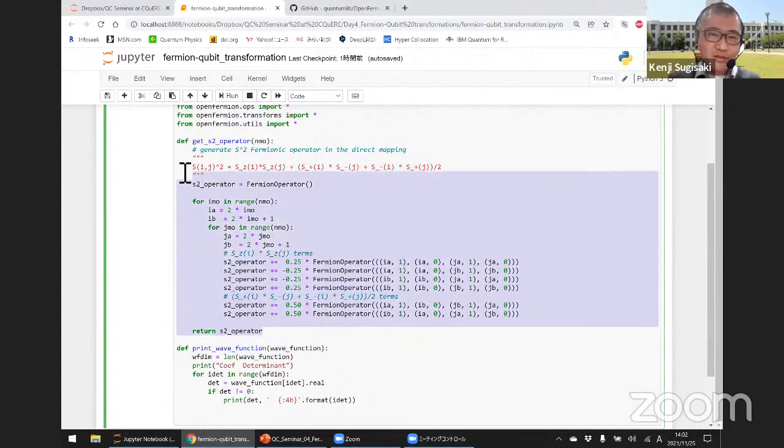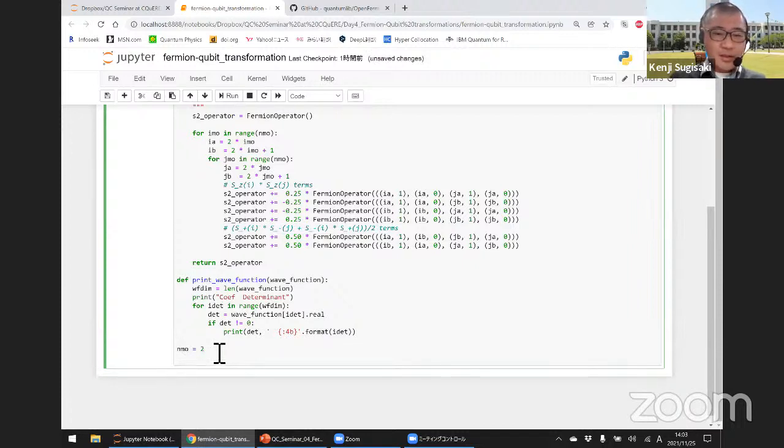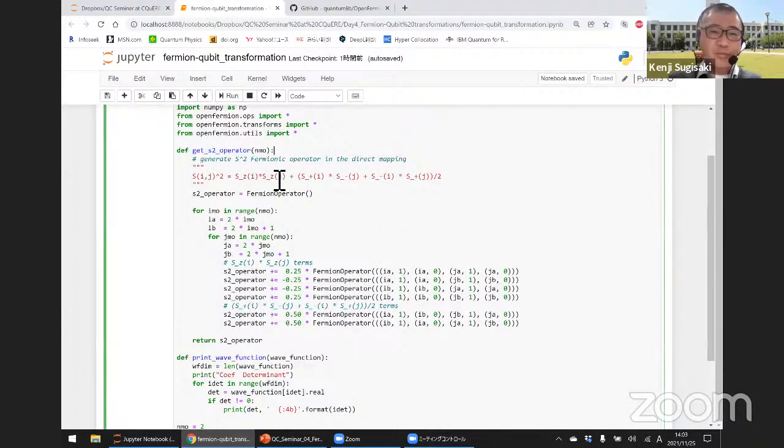This function can generate the S-square operator, where n_mo is the number of molecular orbitals. So let us think about n equal 2, and the S-square operator can be generated by using this function.